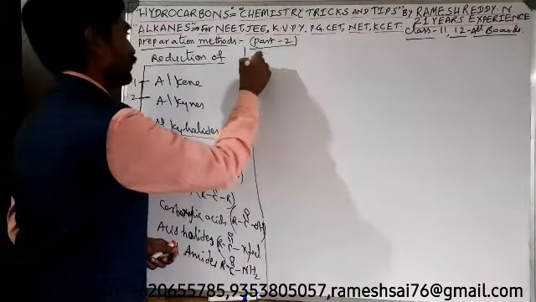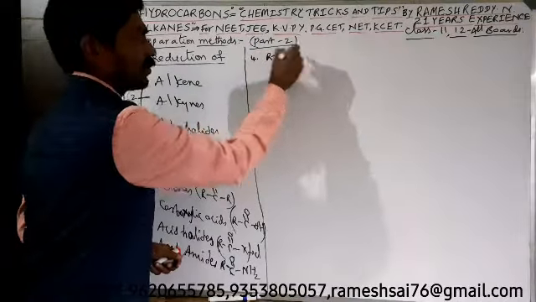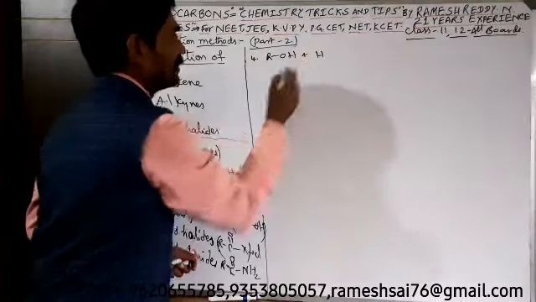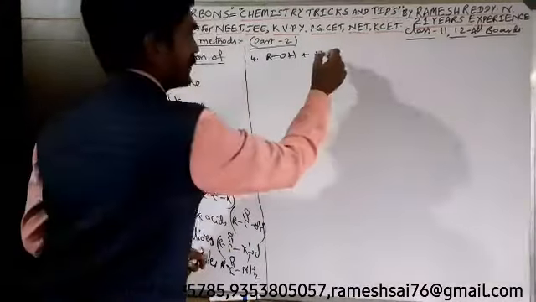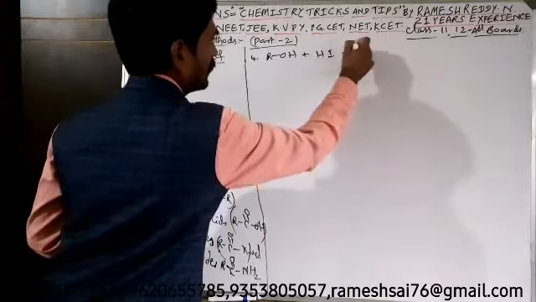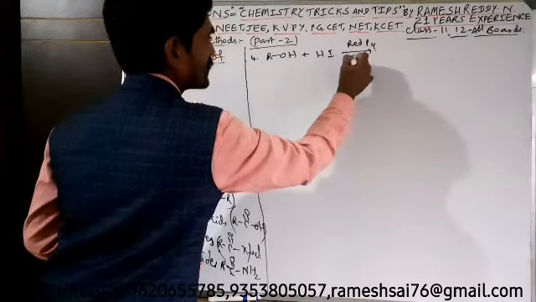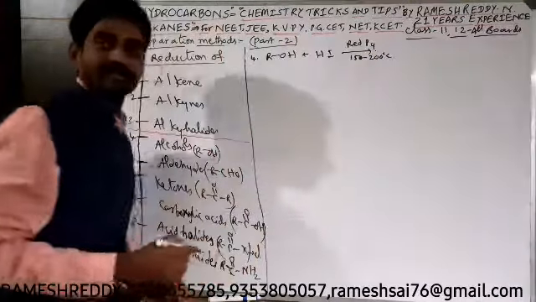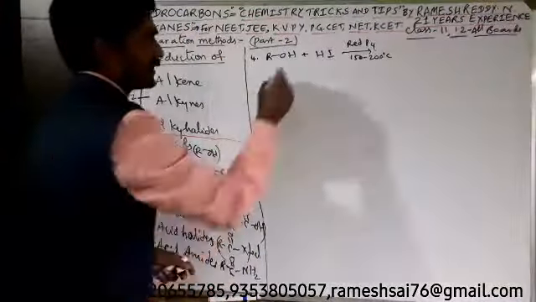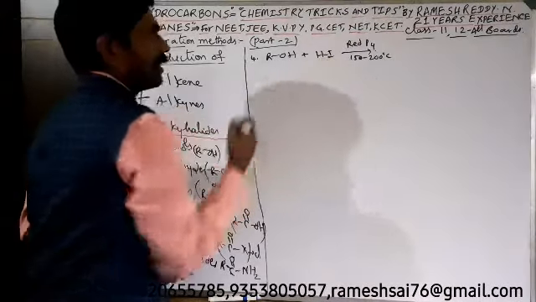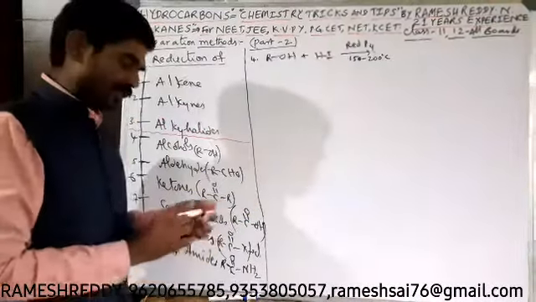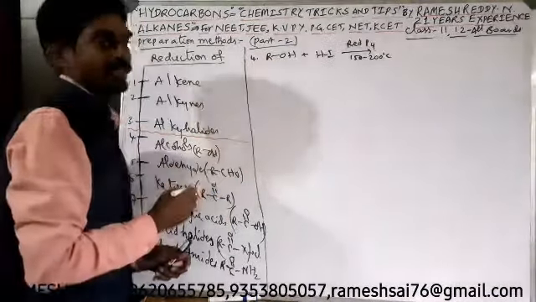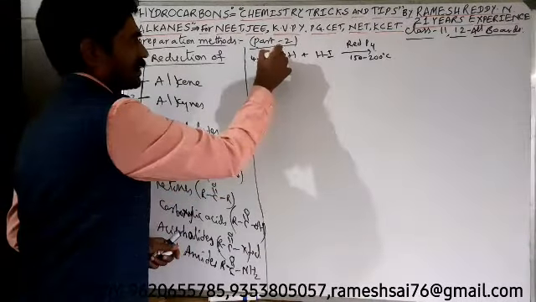Take here the fourth one, that is alcohol, formula ROH. ROH, when it reacts with the reducing agent HI in the presence of red phosphorus and is heated at about 150 to 200 degrees Celsius temperature, what happens here? The hydrogen-iodine bond undergoes cleavage, and the alkyl group-oxygen bond breaks.